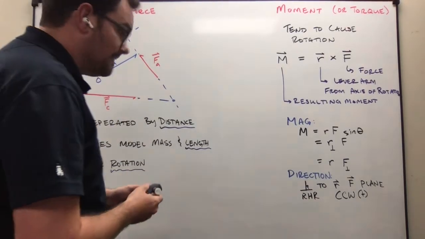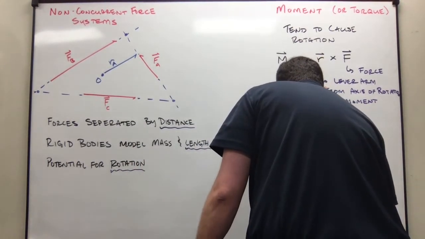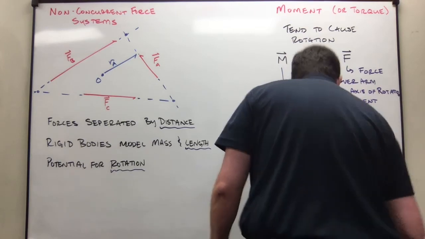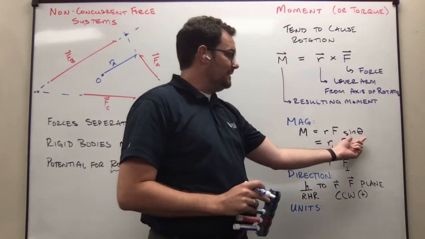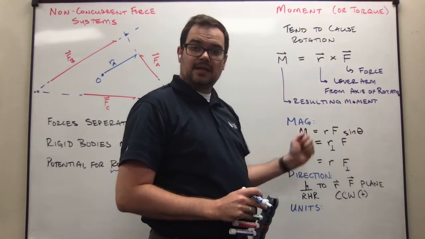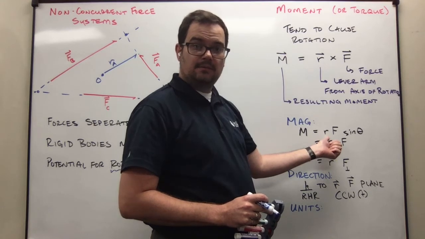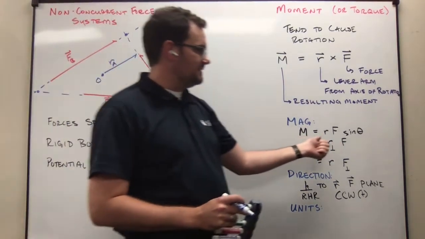So that's our direction. The final piece of our moment that we'd want to know about is the units that go with it, and hopefully that unit piece is already clear from the multiplication. It comes straight out of this. Our sine theta won't have any unit. It's just a ratio. R is a length component. Remember that our forces are separated by distance, so we're going to be able to model some lengths.